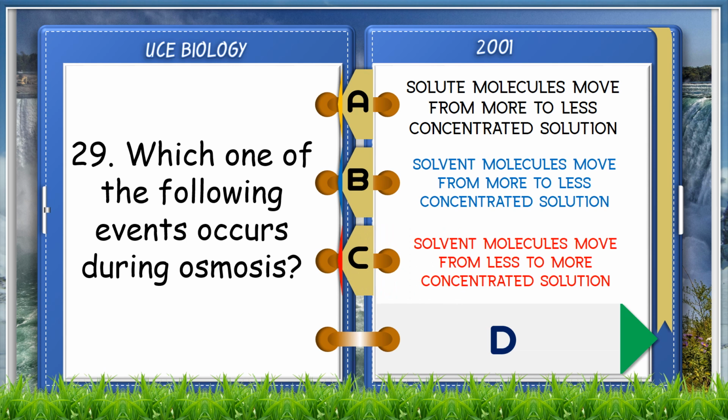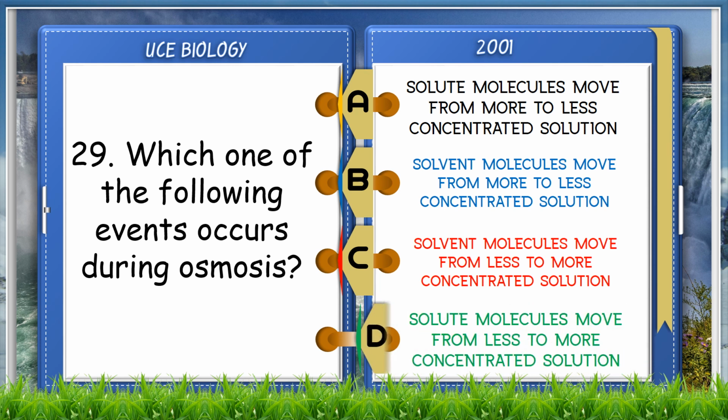C. Solvent molecules move from less to more concentrated solution. D. Solute molecules move from less to more concentrated solution. The answer is C. Solvent molecules move from less to more concentrated solution.